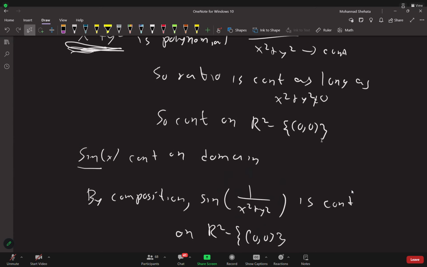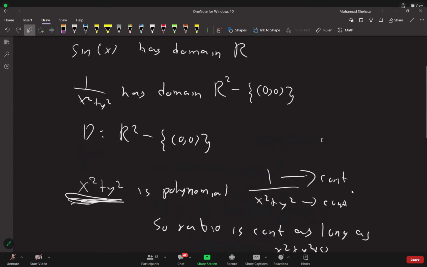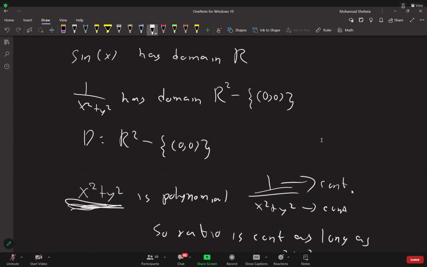So we want you to justify all of that when you're saying something is continuous. Don't just say randomly it is continuous. Yes, sine x is continuous in its domain. That's one thing you can say. The other thing you can say, rational functions are continuous wherever the top and the bottom are continuous and the bottom is non-zero.